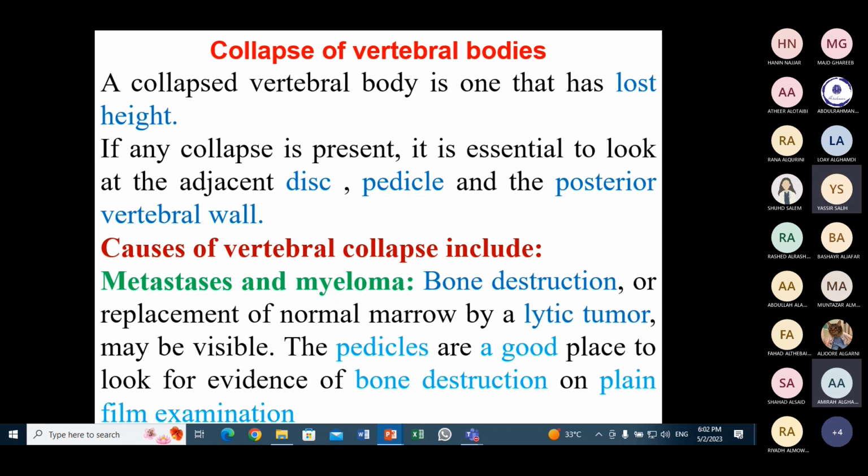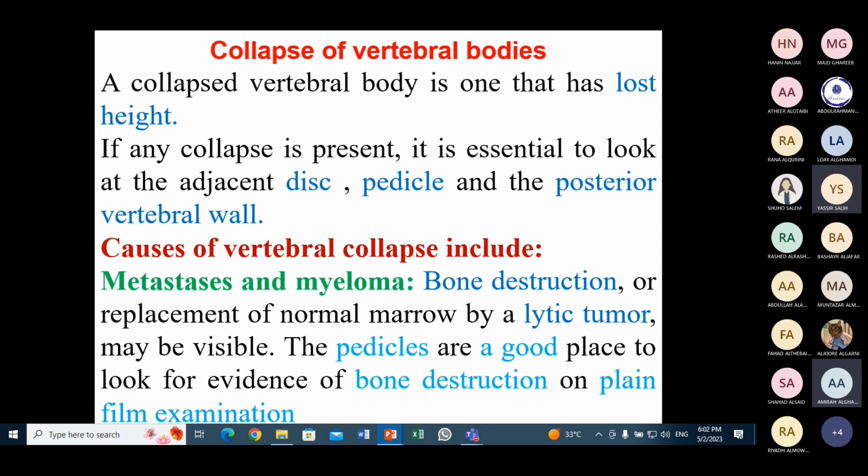If there is a collapse, we have a body that is small compared to the other. To know the cause, you have to look at the disc spaces, the pedicles and the posterior vertebral wall. When we assess this part, we are going to discover the cause of this collapse.